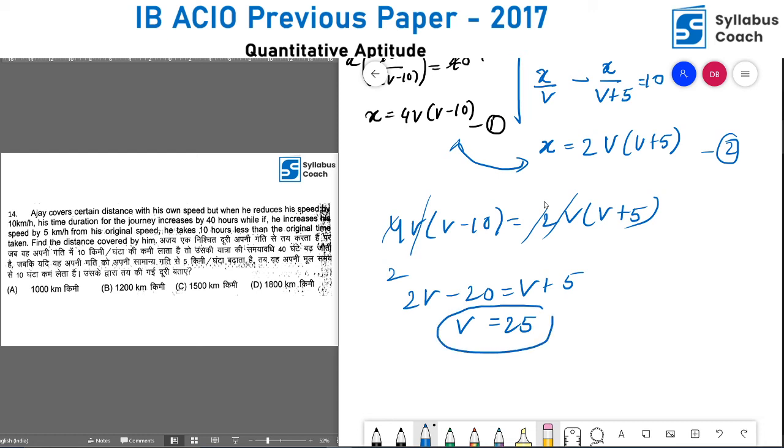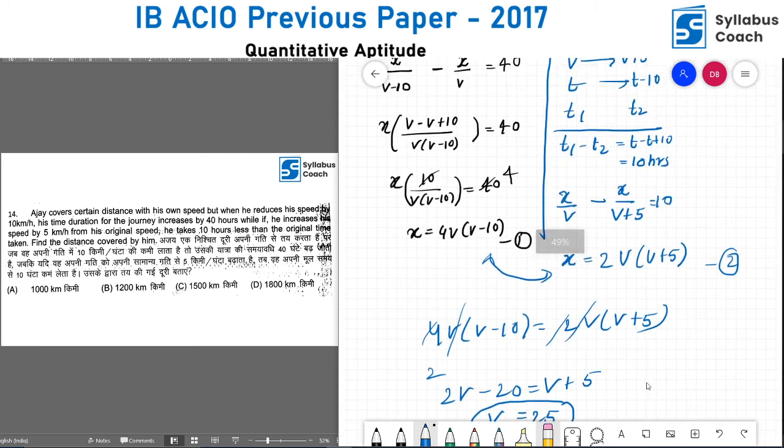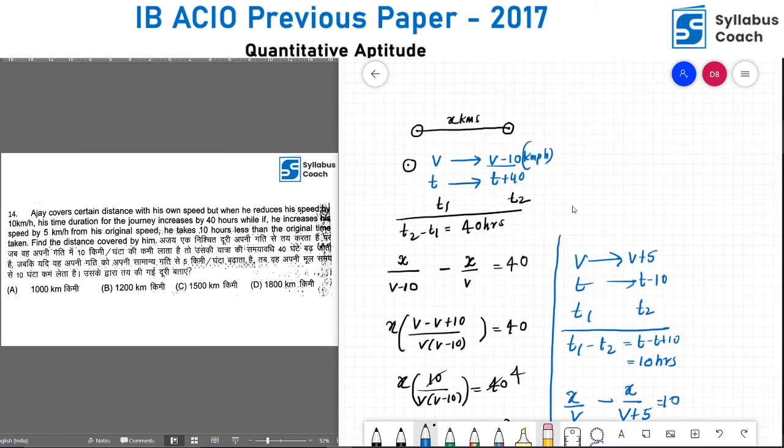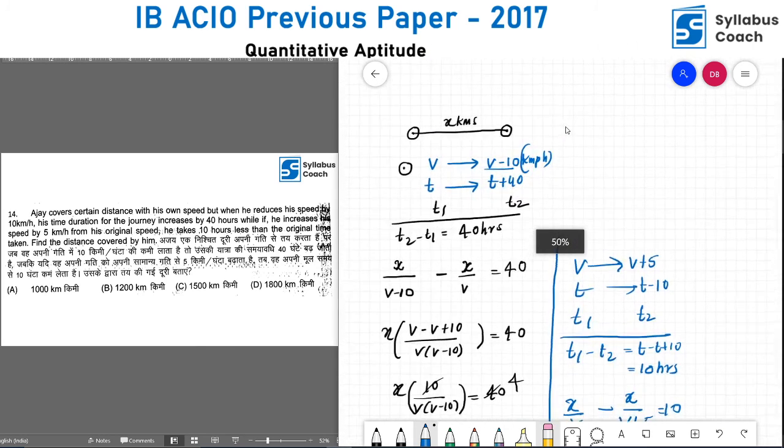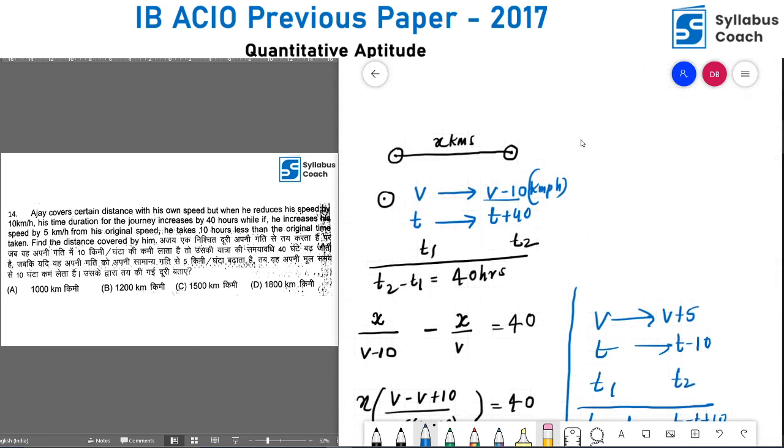But what are we supposed to find in this question? They're asking us to find the distance covered by Ajay. So I've got the velocity, I've got the speed. So what is the distance traveled by this particular person? It's very, very simple. I have the velocity as 25 kmph.